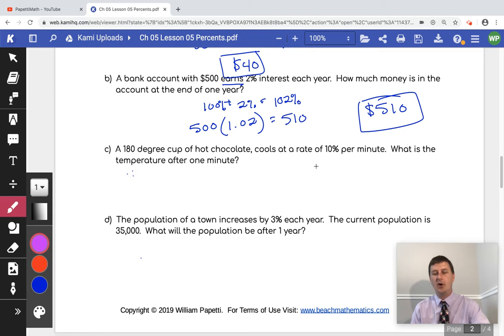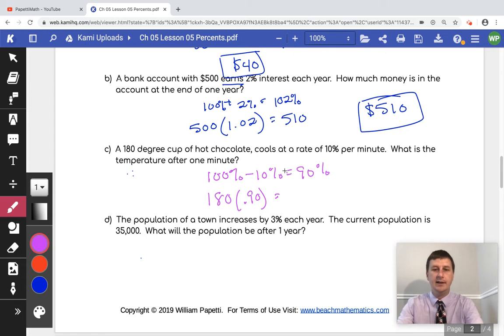So we're going to take off 10% from our original amount. And our original amount, again, we should know is 100%. So we're taking 100% and we're taking off 10% of that every minute. So we're going to be left over with 90%. So really what we're doing here to get 1 minute, we're going to take 180 and multiply it by 90% as a decimal, which is 0.90 or 0.9.